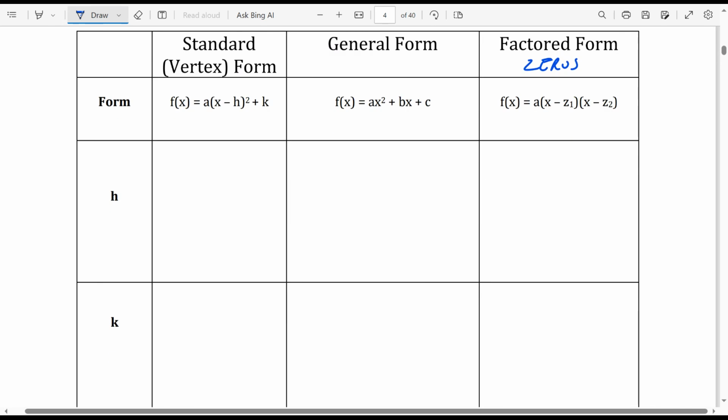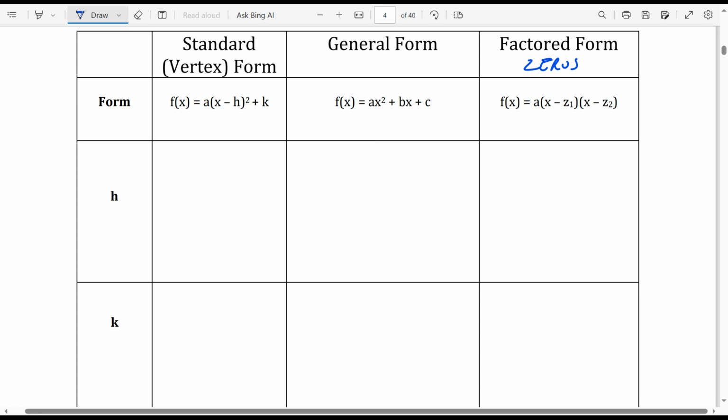Because what's going to end up happening from here on in is that we may be dealing with quadratics in a problem, but not every problem is going to have all three forms. Sometimes there may be a standard form with a factored form. Sometimes it may be general with standard form. And you'll have to know which formulas to use in what case.